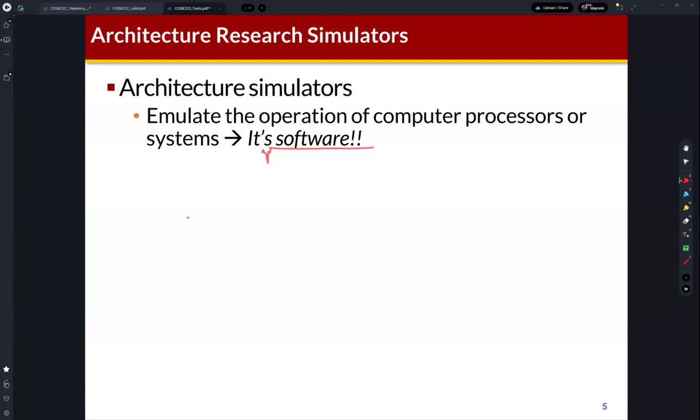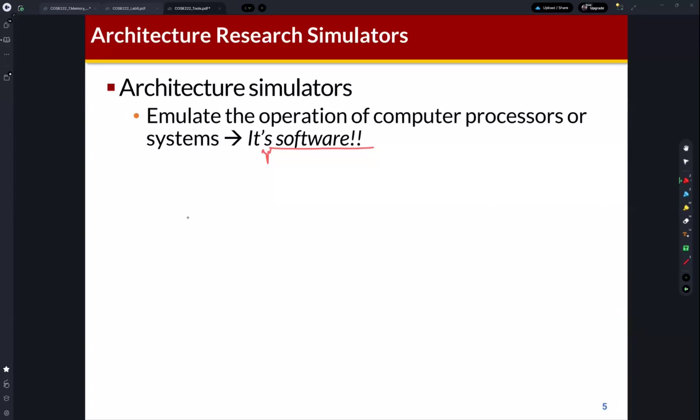If you run the Spike simulator, you can check how the registers are changed. Also, you can check the data in the memory, and how the memory contents are changed in the Spike simulator, right?